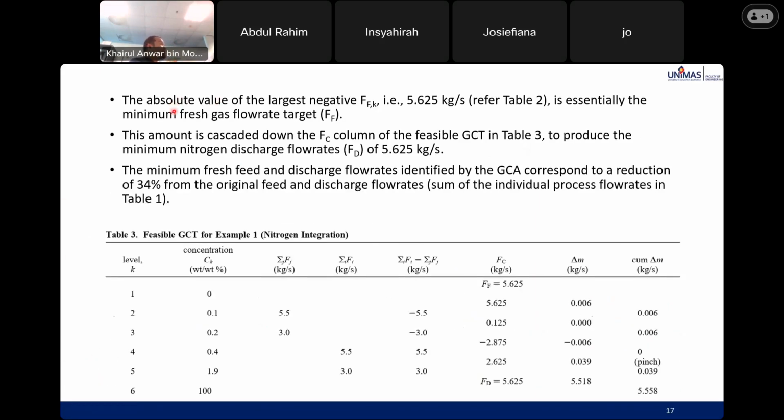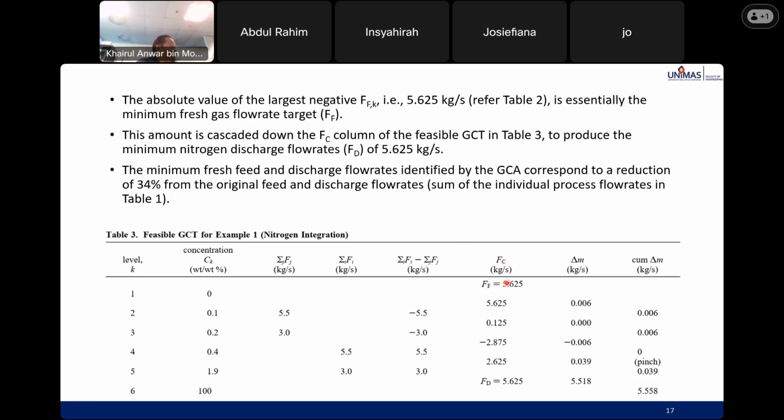Okay. The absolute value of the largest negative is 5.65. Refer to table 2. The last column is essentially the minimum fresh gas flow rate target FF. Minimum fresh gas flow rate target 5.625. This amount is cascaded down the FC column.